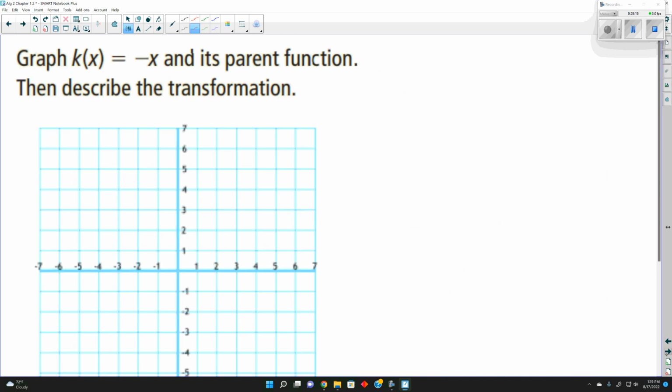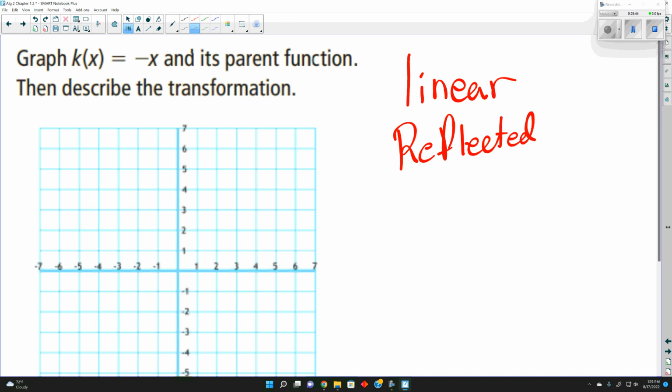How about this one? Linear. It is linear. Since we don't have an exponent, we don't have absolute value bars, it's linear. If it's just a number, it is constant. Okay?